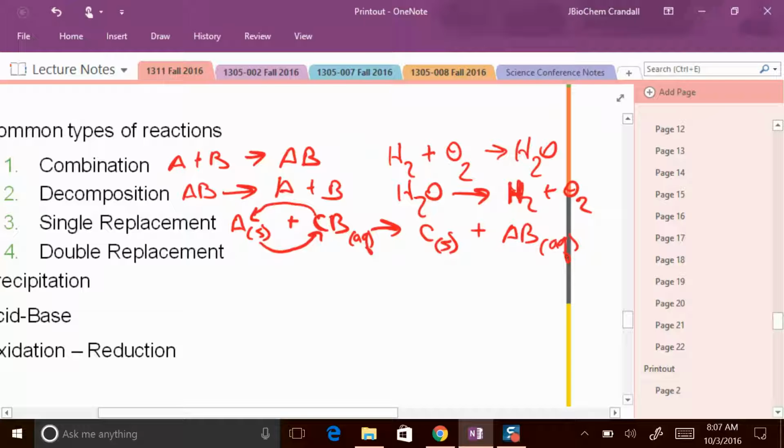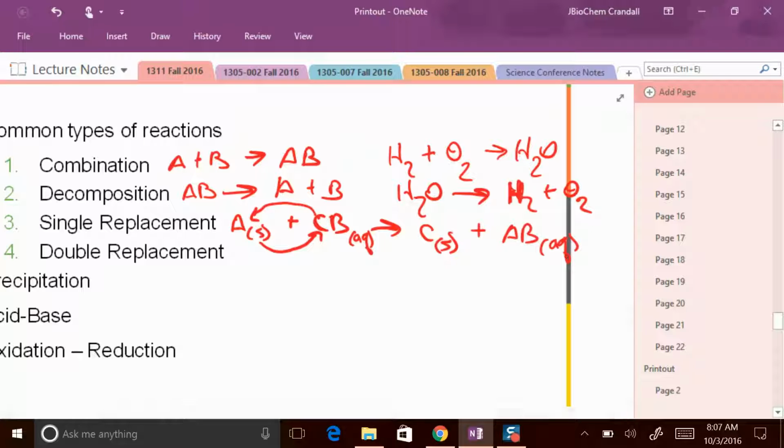Okay? So that's what that means. This is a metal, and it's switching places with this metal. It's a solid, but it will begin to become ionized. And what do metals do to become ionized? Do they gain or lose? They lose electrons. So A has all of its electrons.